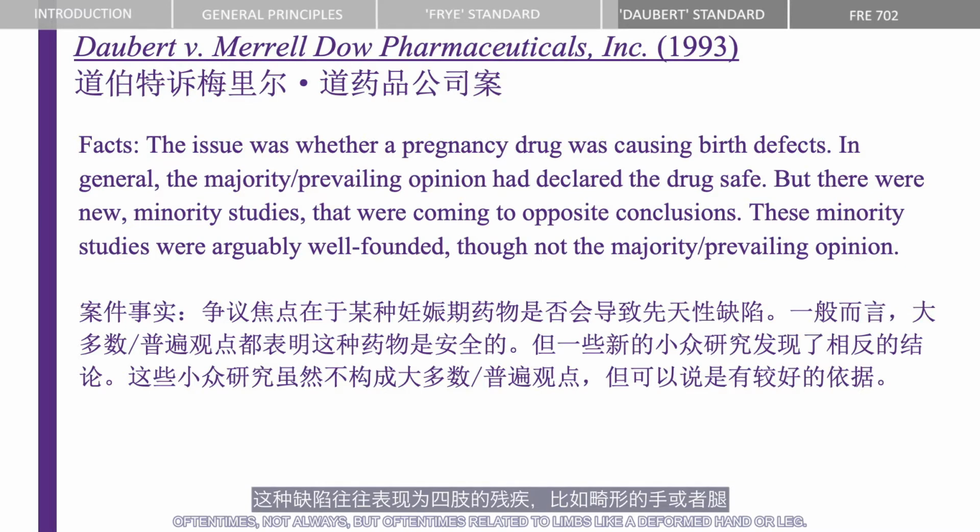Oftentimes, not always, but oftentimes related to limbs, like a deformed hand or leg. And there was thought that perhaps Bendectin wasn't as safe as Dow Chemical and other pharmaceutical companies had said that it was. And so in Daubert, the plaintiffs sued the chemical company that made Bendectin and claimed that the drug was dangerous, that it was causing birth defects.